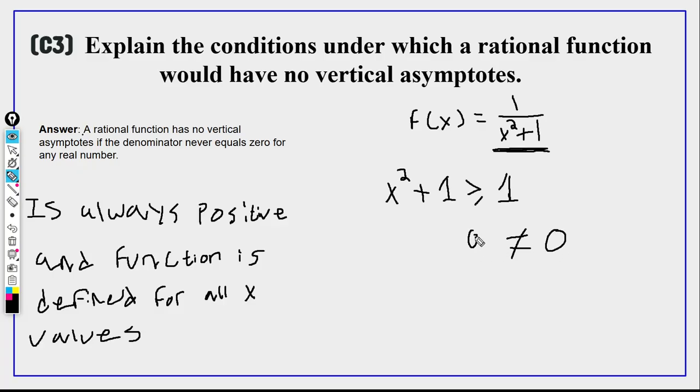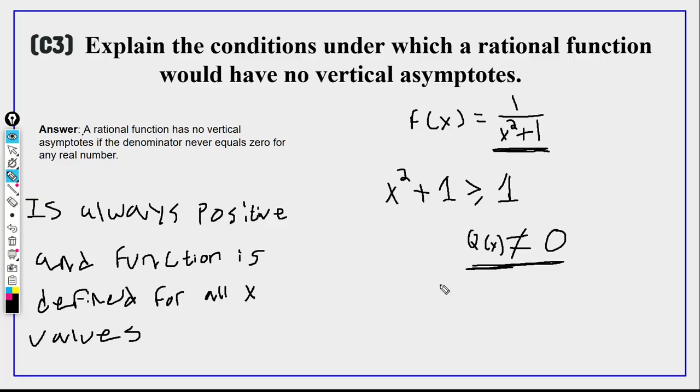So say it's q(x). See, so this must never be 0. Okay, so this happens if the denominator has no real roots, or it's a constant, or has complex roots only. So to break it down, a rational function has no vertical asymptotes when the denominator never equals 0 for any values of x.